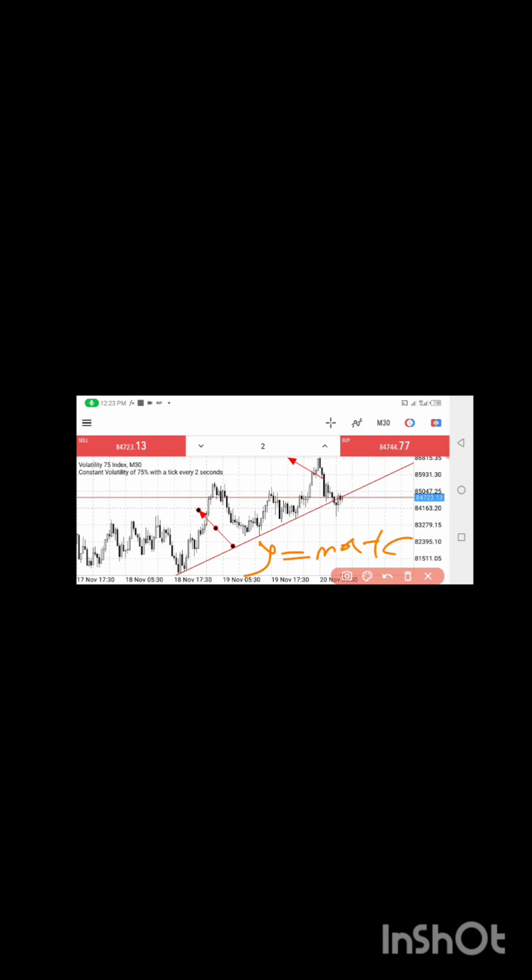Now in the case of Forex markets, y will be represented as P, m is the constant, which is the slope of the line, and x will be represented with T, which is the time, and c is the intercept. C is the value of the price at the initial time of 0, right?